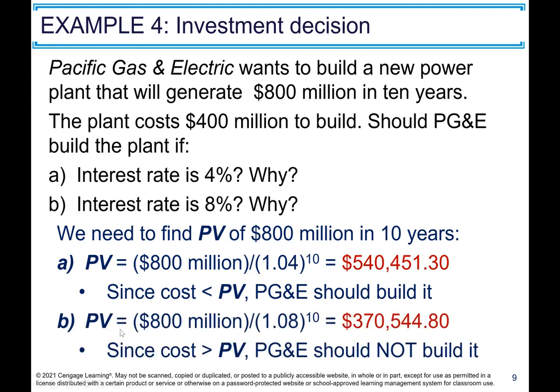What about B? The present value of $800 million divided by 1.08 raised to power 10 is equal to $370,544.80. Since cost is greater than present value, PG&E should not build it.